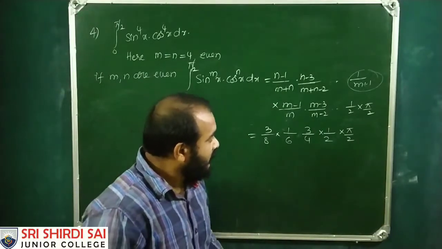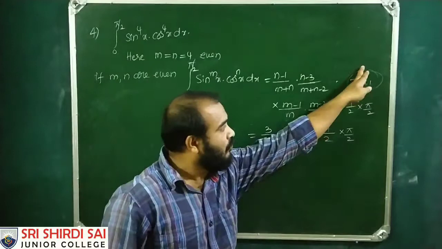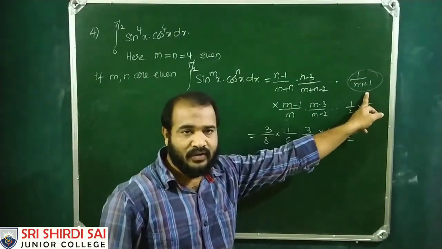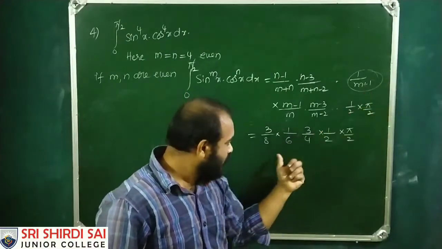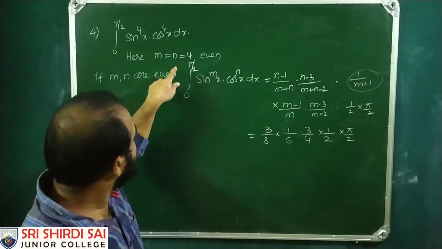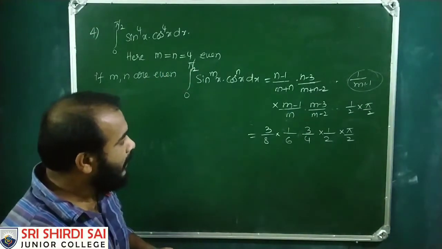And see this first part's previous term is 1 by m plus 1, which I have been telling you not to remember, to avoid any confusion. And if you check here, 1 by m plus 1 is what? 1 by m plus 2.